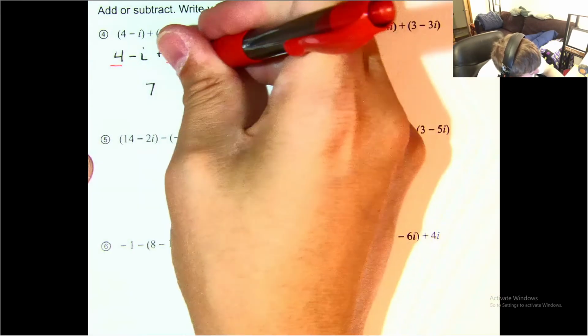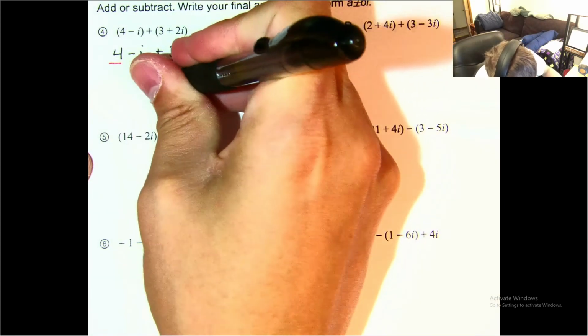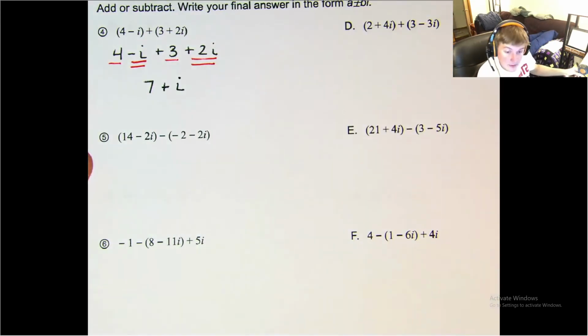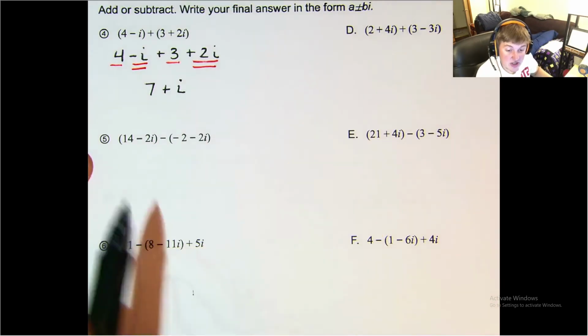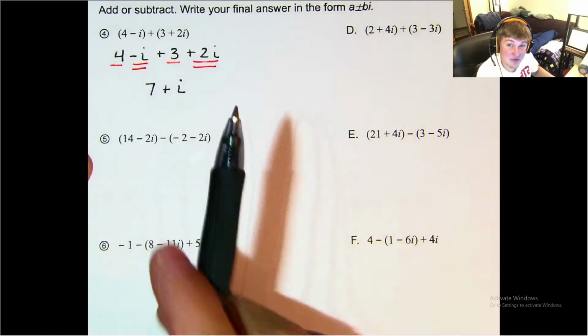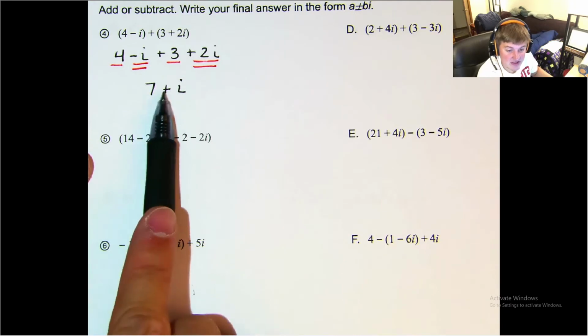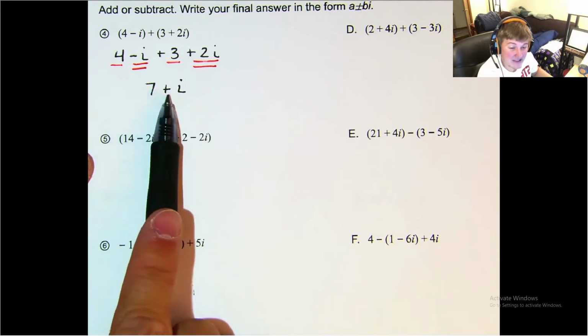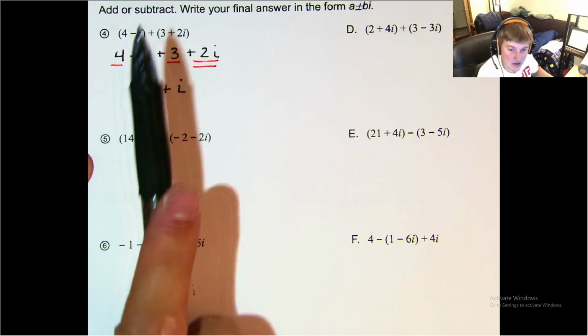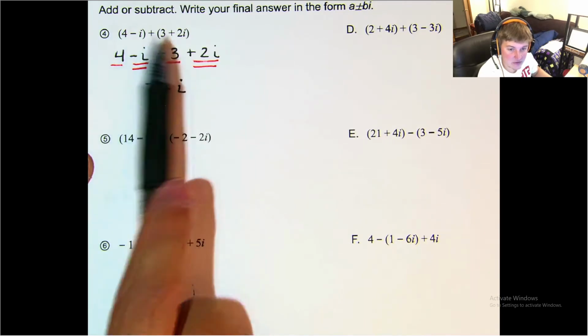Okay, and then I can combine 2i and that negative i into positive 1i. These are non-like terms, so this means the complex number 7 plus i is my answer when I add 4 minus i plus 3 plus 2i.